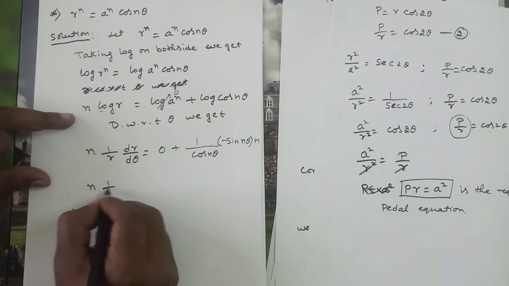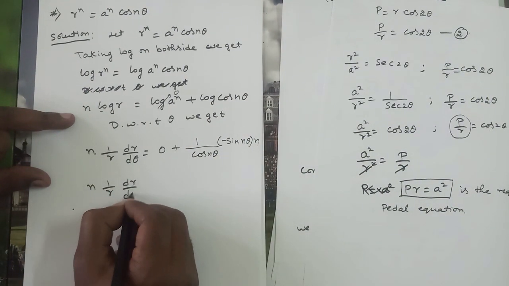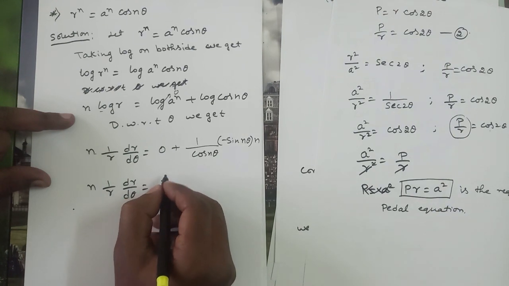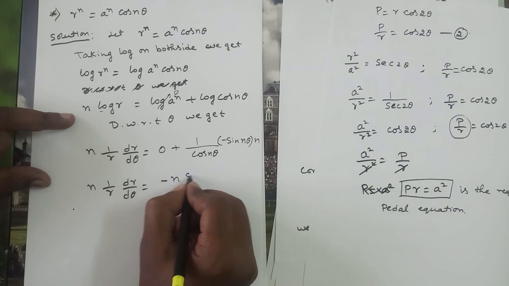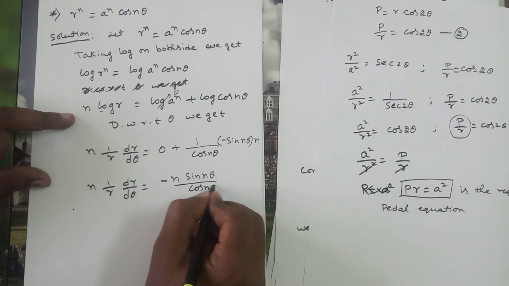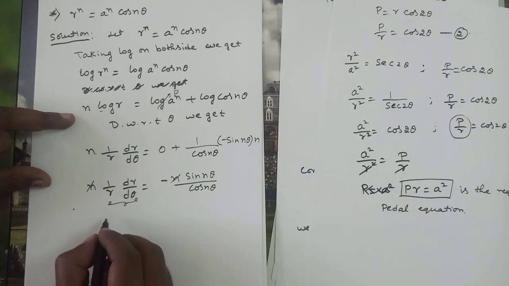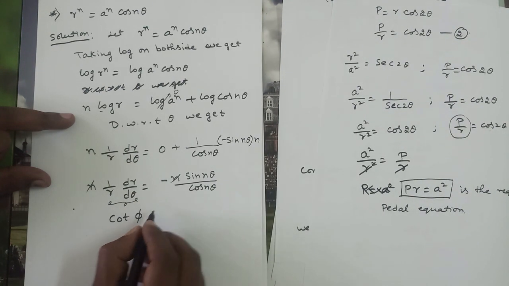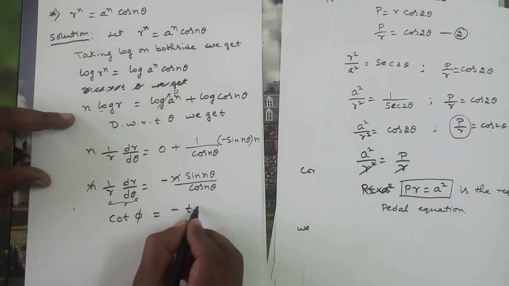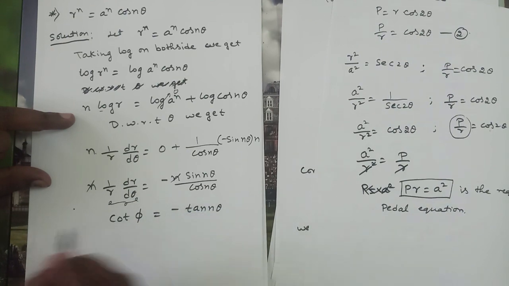So n by R into dr by d theta equals minus n into sin n theta divided by cos n theta. So n gets cancelled. So this can be written as cot phi equals minus tan n theta.